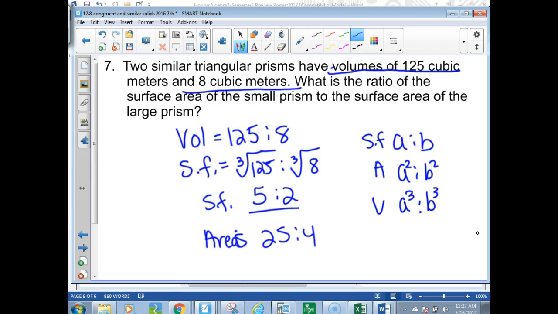If you're going to go backwards, this would be the cube root of A cubed to B cubed. You would go from here back to here by cube rooting. If you're going from this area back to here, then you square root. Okay?